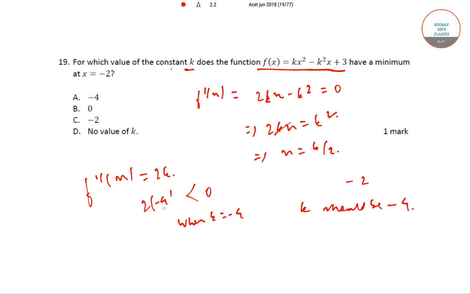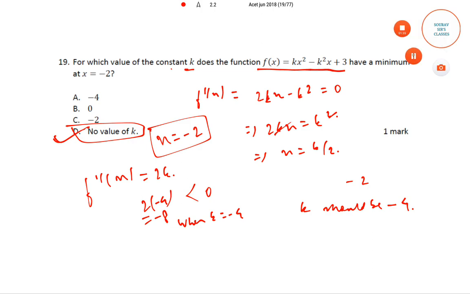So this would be 2 × (−4), that is −8, less than 0. Therefore, x = −2 would only give us a maximum and not a minimum. So option D, that is no value of k, is the correct answer.